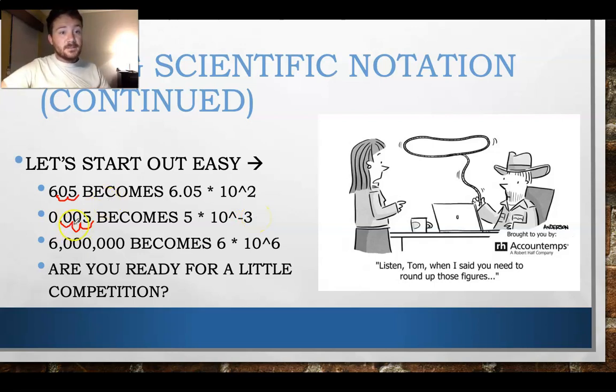It's negative because this number's small. 6 million becomes 1, 2, 3, 4, 5, 6. 6 times 10 to the 6. And that is because there are 6 numbers after that 6.